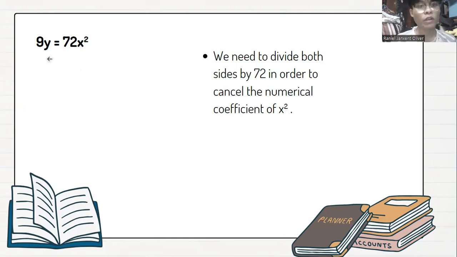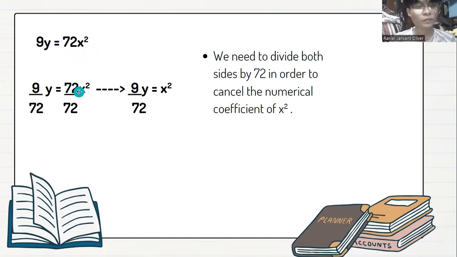So all we need to do is cancel the numerical coefficient of the variable with the higher degree, or higher exponent. By canceling, 72 over 72 is cancelled, and we are left with x squared equals 9 over 72y, or 9/72 y equals x squared.